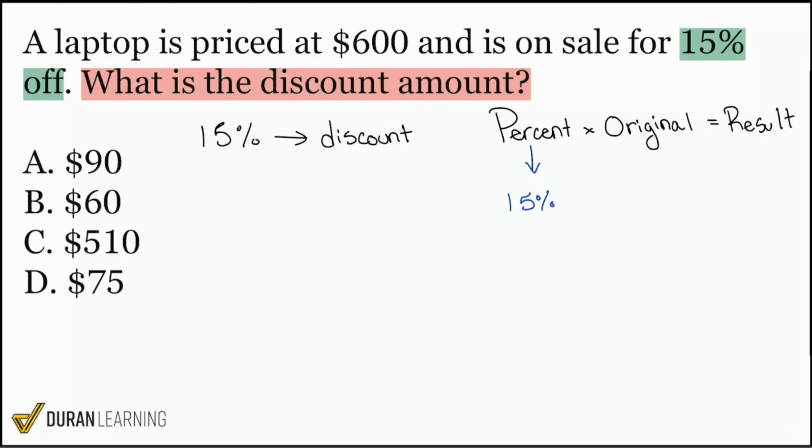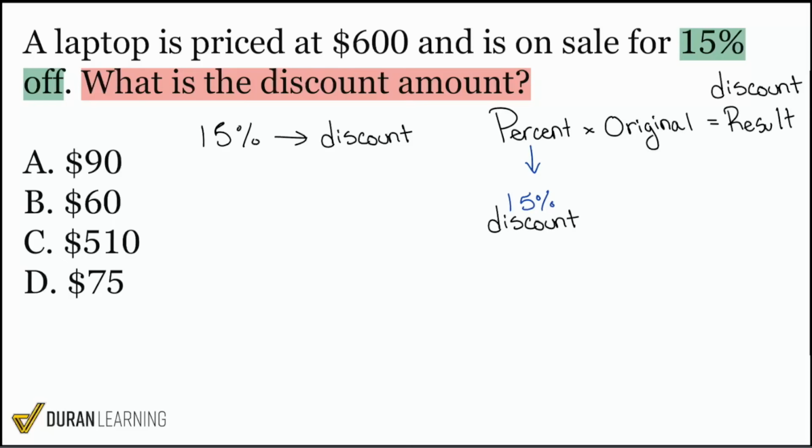So if we're plugging in what represents the discount, then so will the result. That's the cool thing about the formula, the main idea. There's consistency. So if I plug in my 15%, I automatically know that my result is the discount.